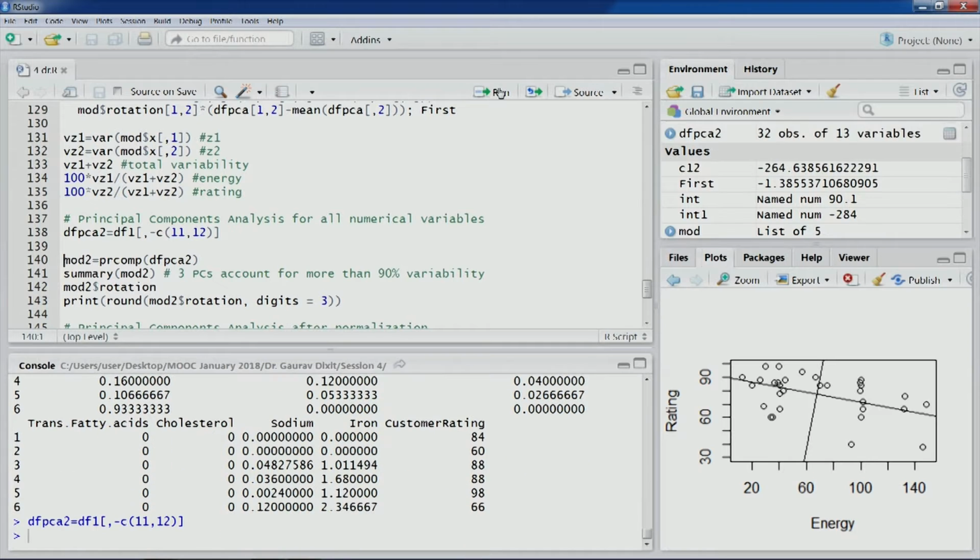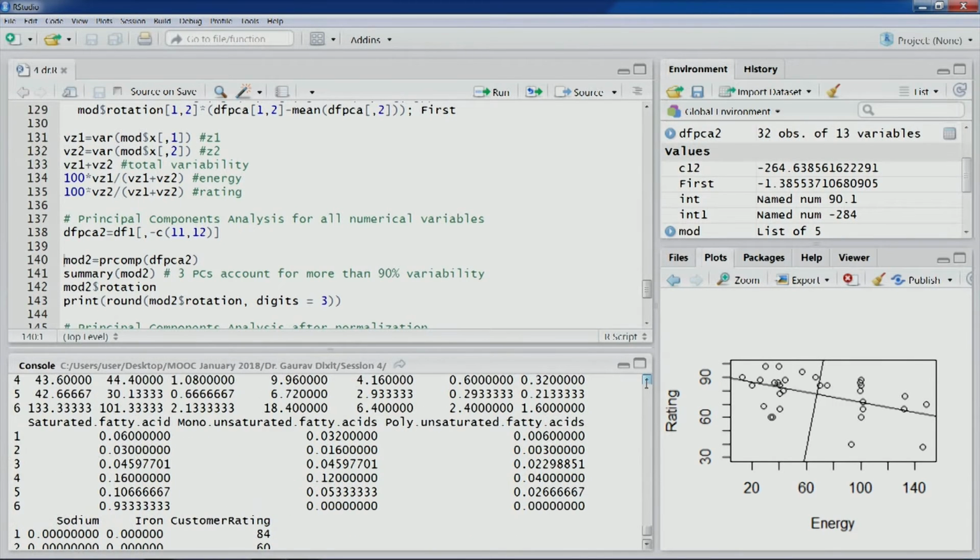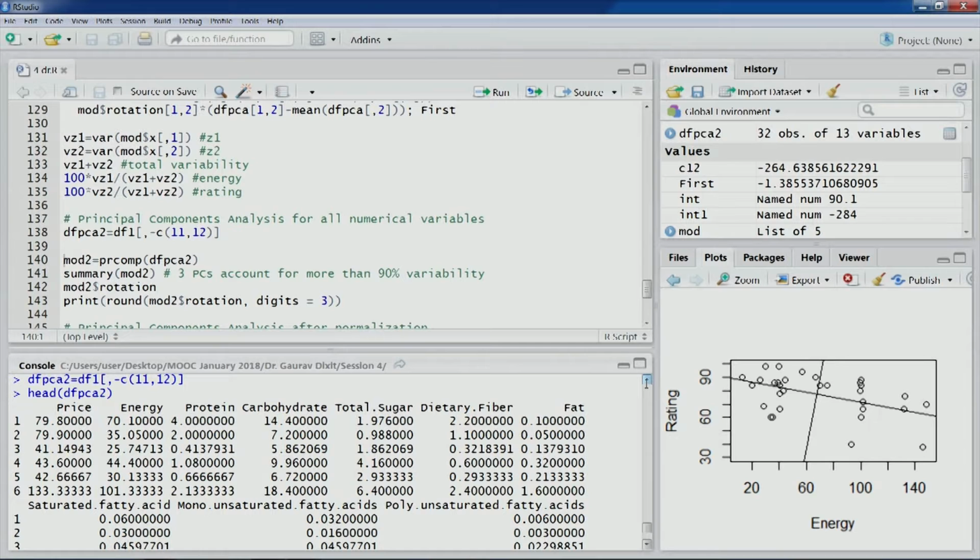So let's select the appropriate data frame. If you want to look at the selected variables, PCA2 is the new data frame that we have subsetted.